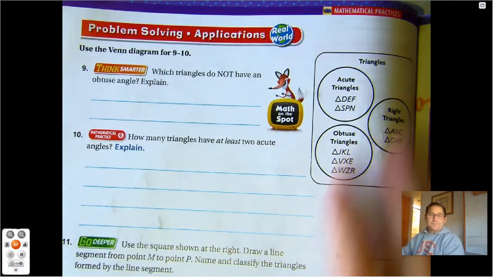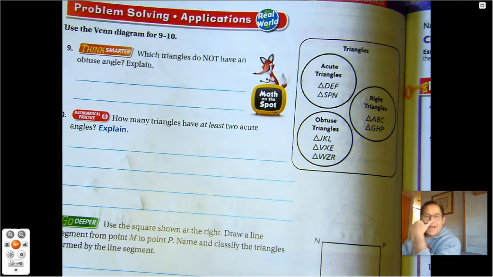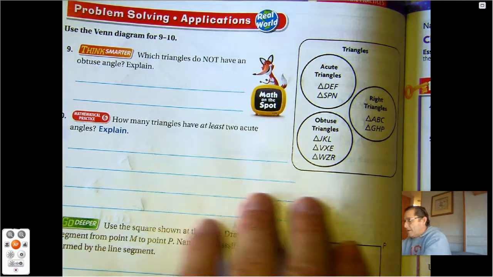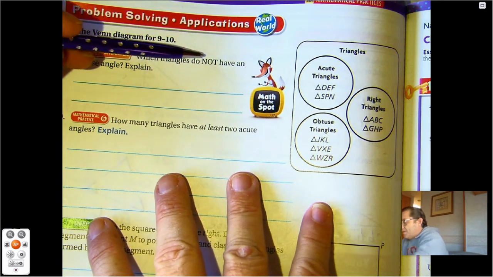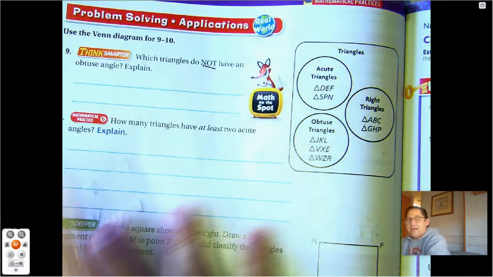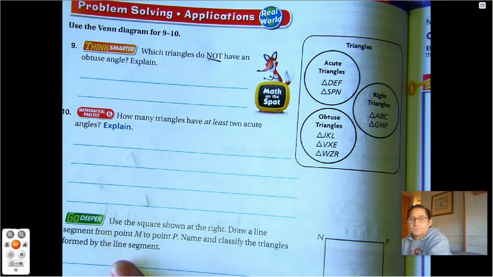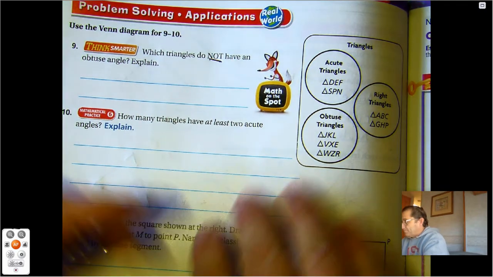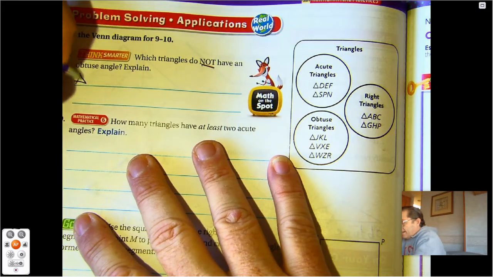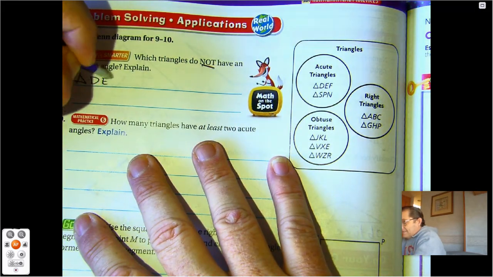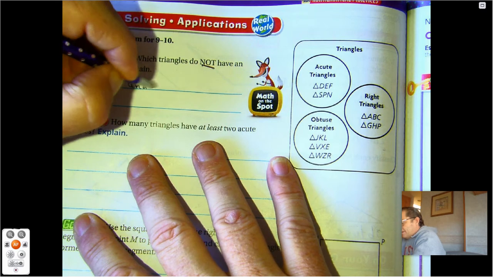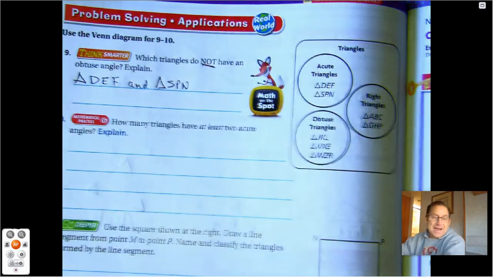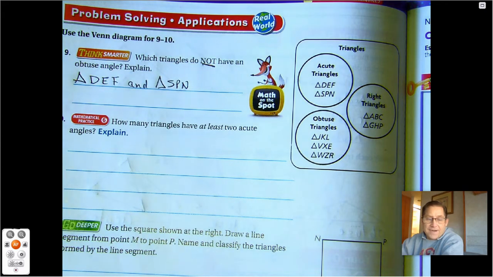All right, number 9. Use the Venn diagram for 9 through 10. Which triangles do not have an obtuse angle? And explain. Well, triangles D, E, F, and triangle SPN cannot have right triangles.